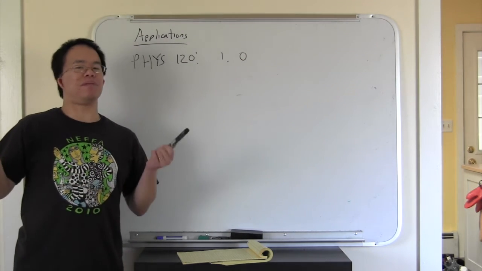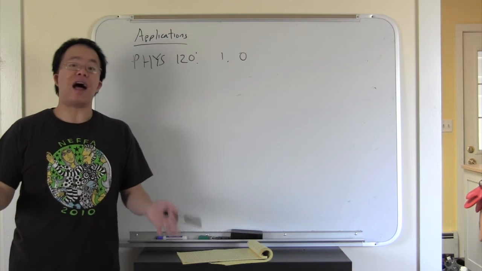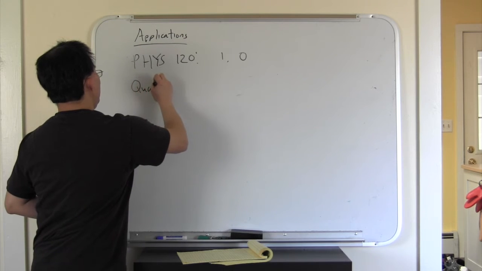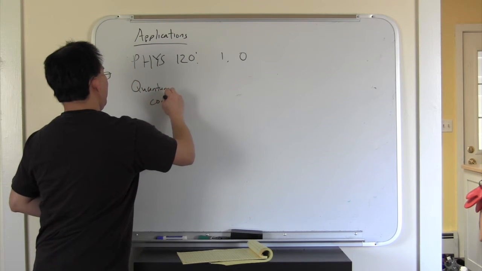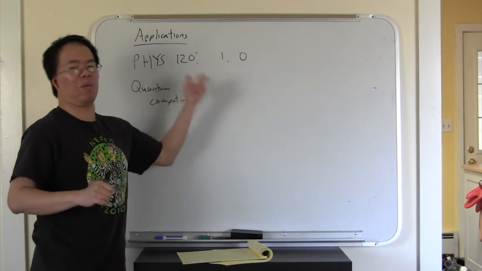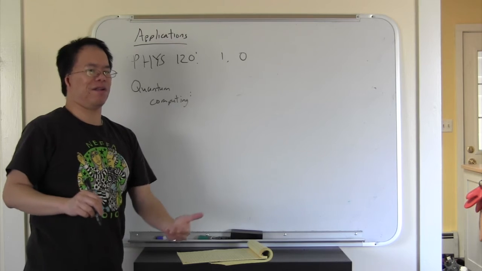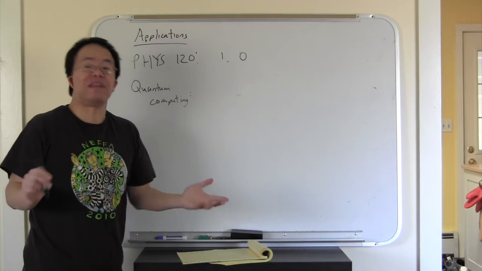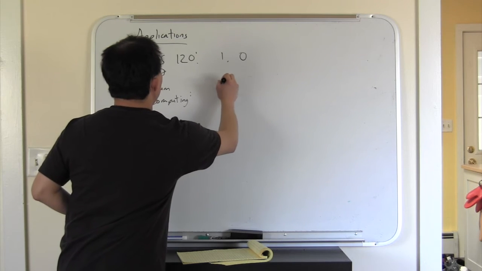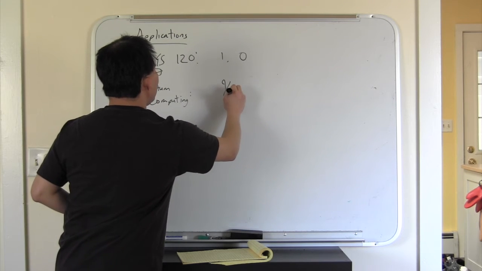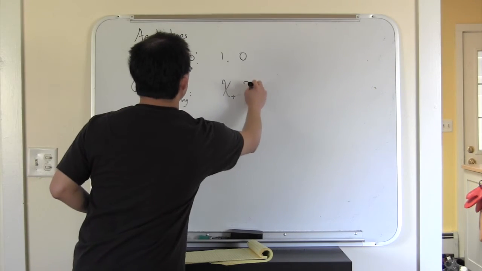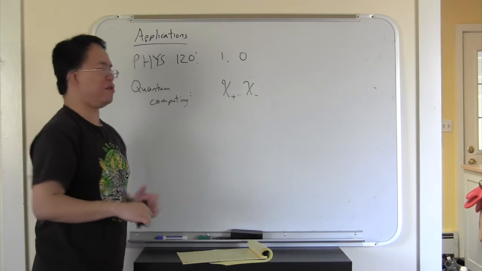The idea of quantum computing is to do something like this, perhaps with spin. So instead of a classical bit, you have a quantum bit, or a qubit, that could be either spin up, the chi plus spinor, or spin down. This would correspond to 1 or 0.